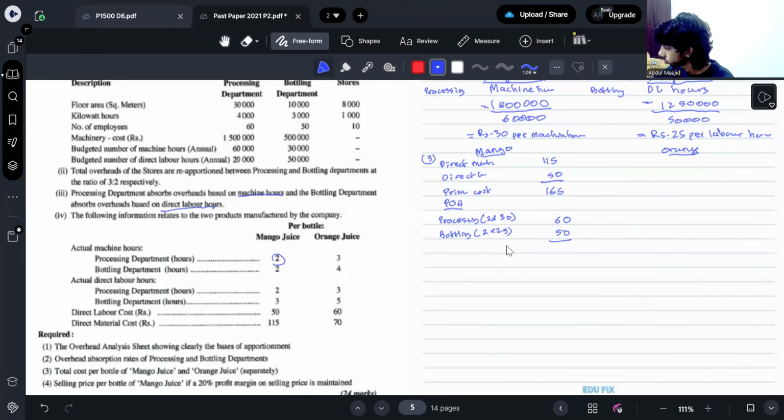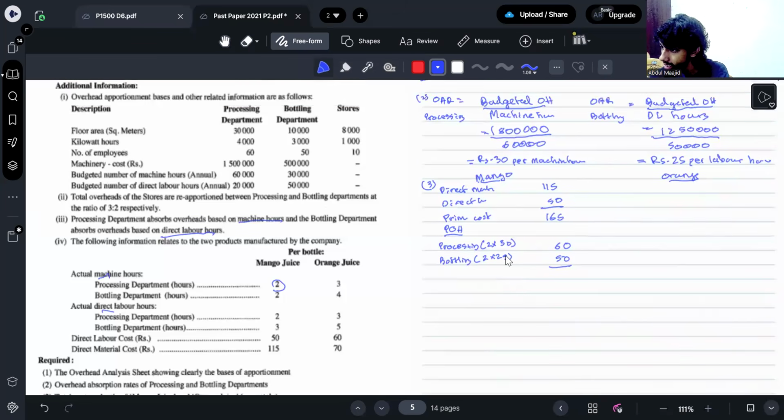Now you can total that. Here this is machine hours and labor hours. Okay, processing department, we are absorbing overhead based on the machine hours. So 2 hours into 30.